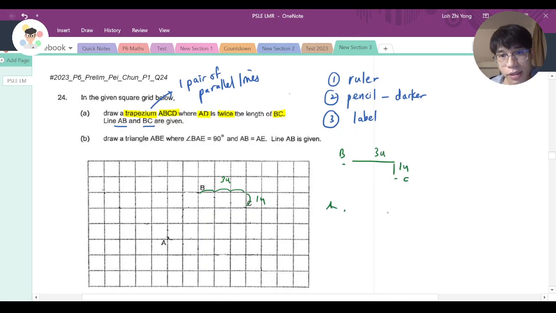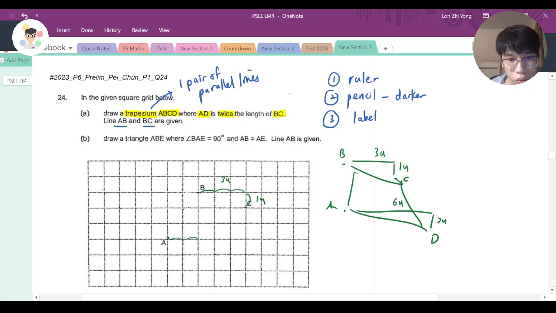So AD will be like 6 units, 2. So it will be like this, correct? So 1, 2, 3, 4, 5, 6, 1, 2. So it'll be somewhere here. So it'll be like this. Here will be our D.